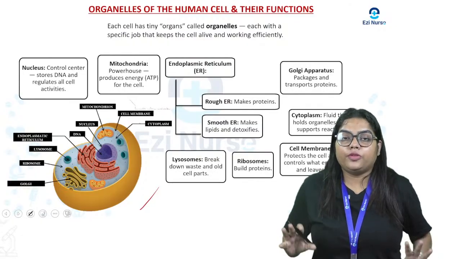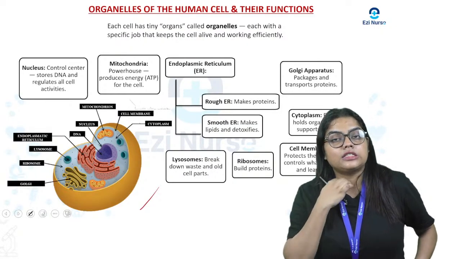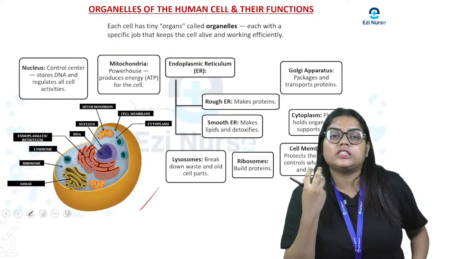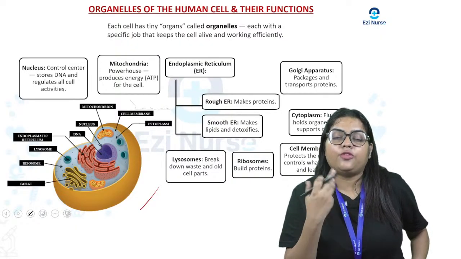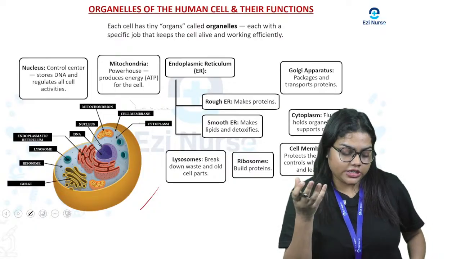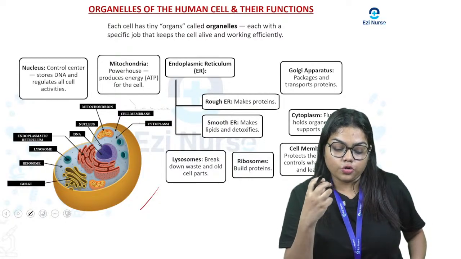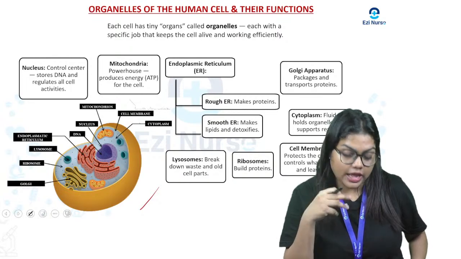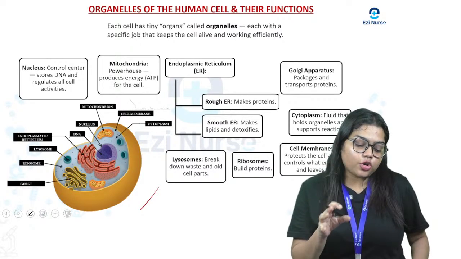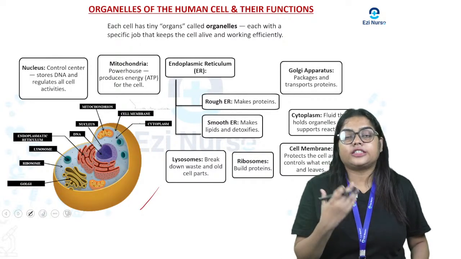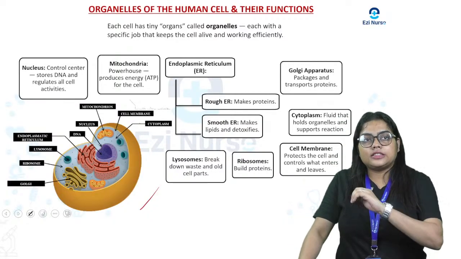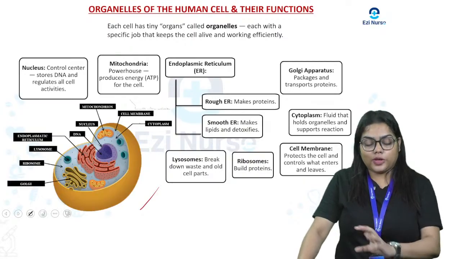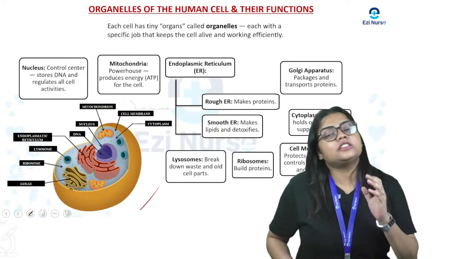First of all, we'll discuss the most important part, which is the nucleus. The nucleus provides DNA. It carries forward the DNA to the upcoming generated cells. It is the control center of the cell. It stores DNA and regulates all cell activities. So you can say this is the manager of the cell. Next is mitochondria.